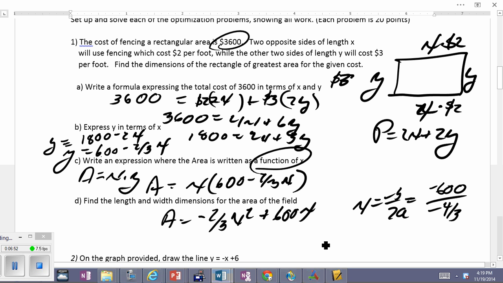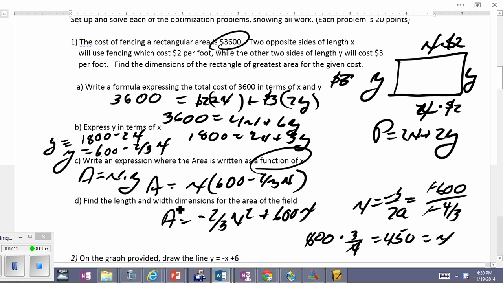So we get 600 divided by 4/3, which is 600 times 3/4. Okay, we lose the negative. 4 goes into 600 150 times, 3 times 150 is 450. 450 is the dimension in x.